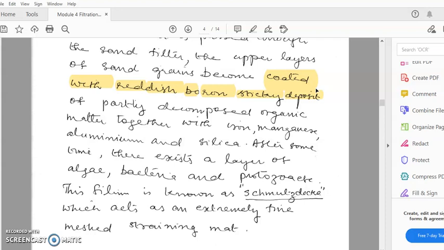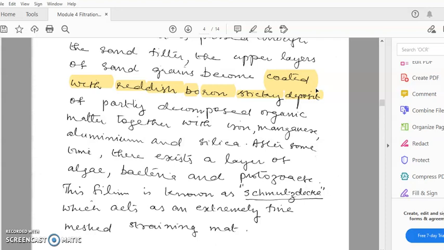By consuming food, that is the organic particles present in the water, or the algae present in the water, which is consumed by this microorganism as it grows.